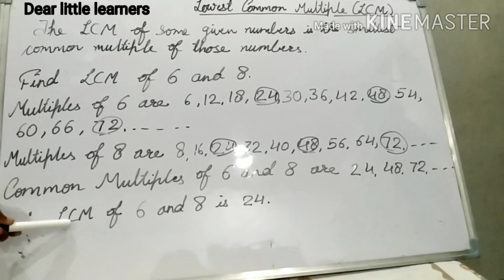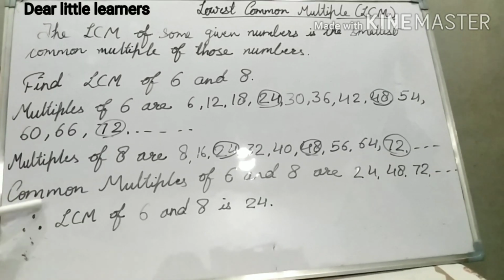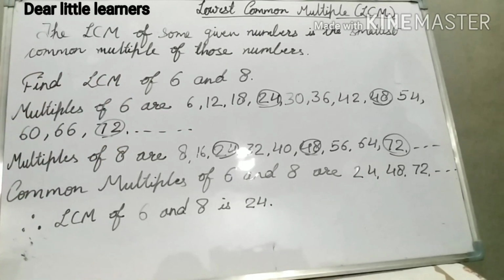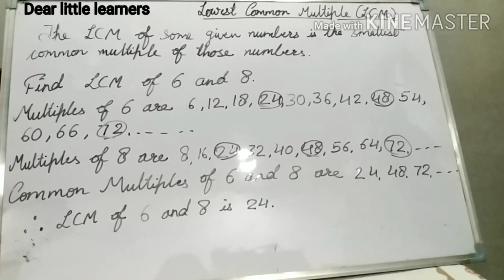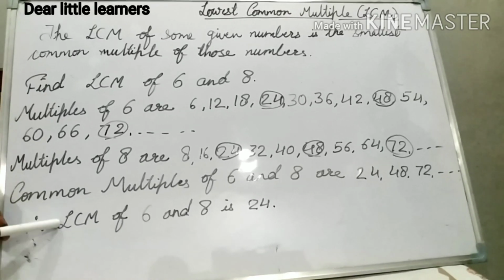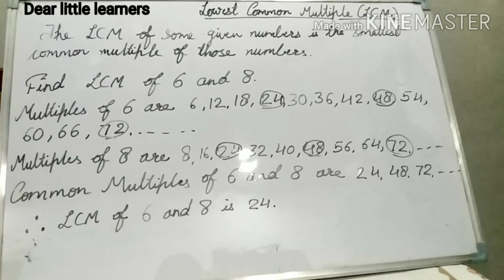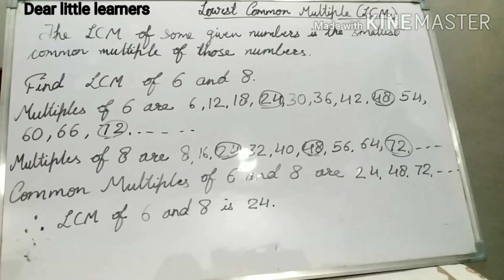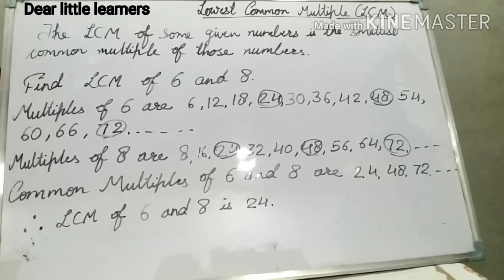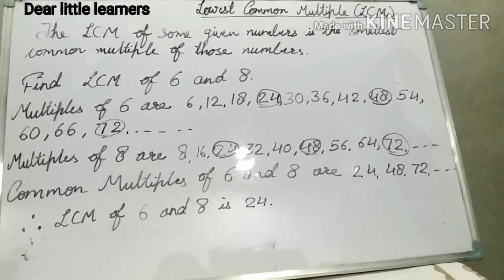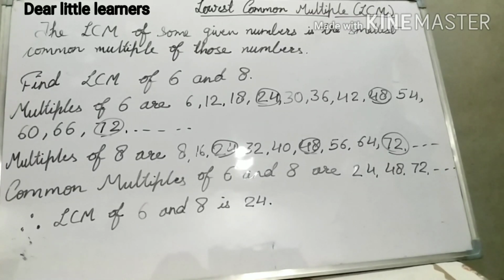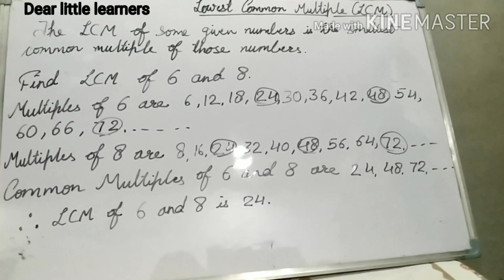That means out of these common multiples, we have to find out the lowest one, the smallest one. So here the LCM of 6 and 8 will be 24, because 24 is the lowest common multiple of 6 and 8. So children, like this we can find out LCM with the help of multiples, by writing multiples.